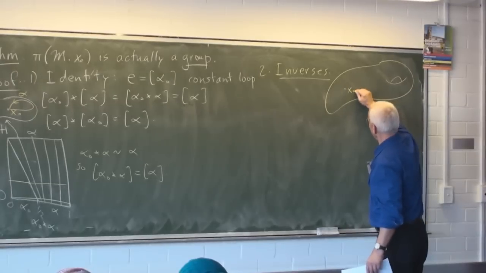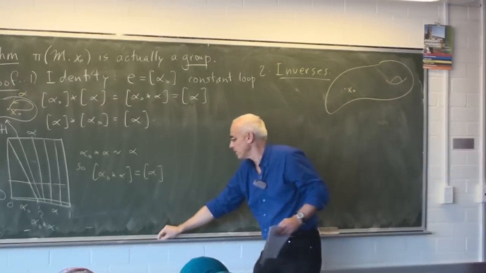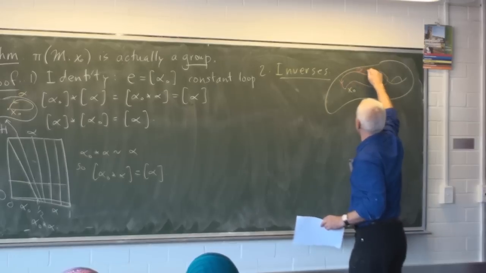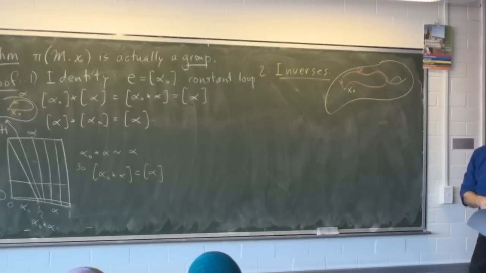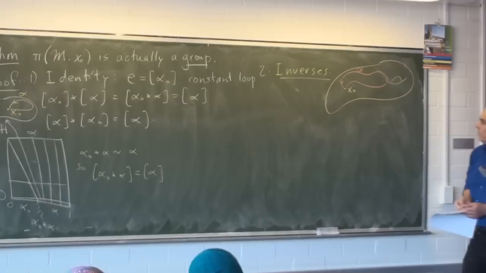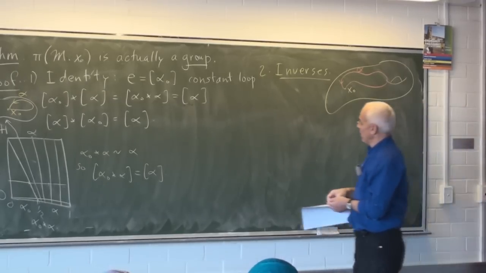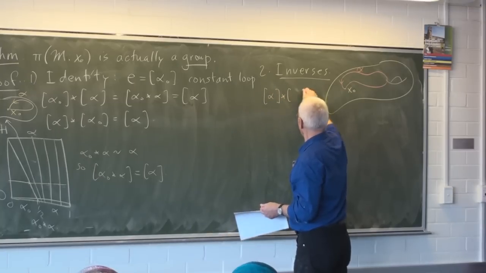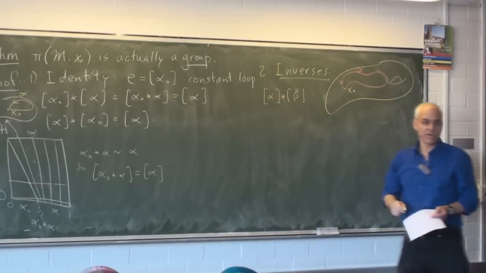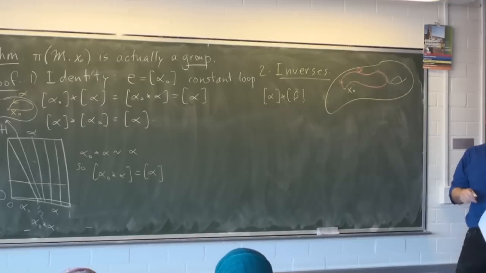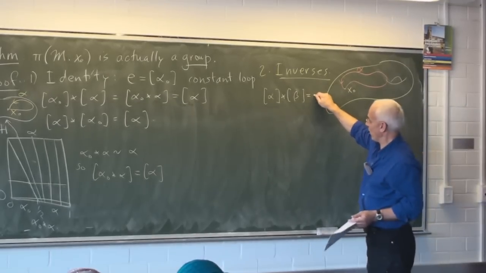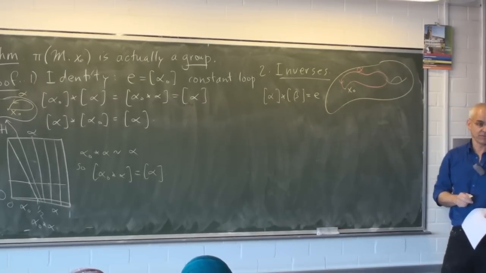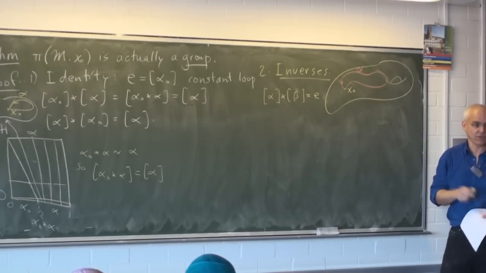So here's our point x0. Here's a path, a loop, say alpha. I have to convince you that we can find another loop beta so that alpha times beta equals our identity element, equals the constant loop in homotopy.